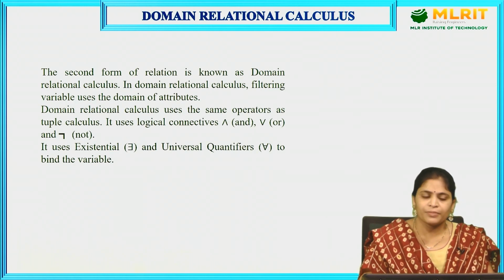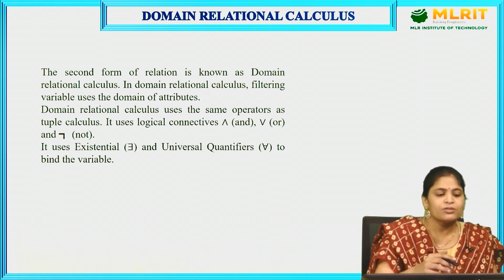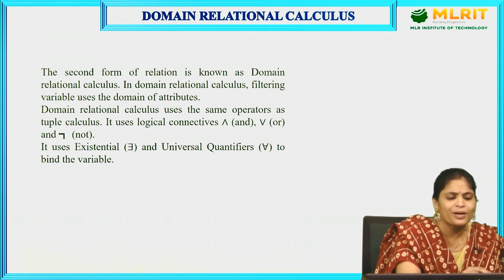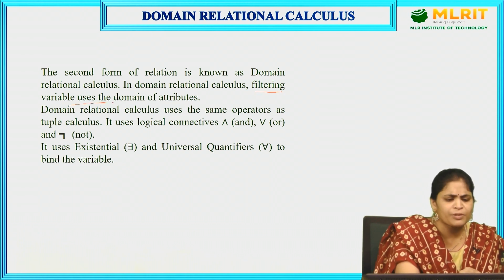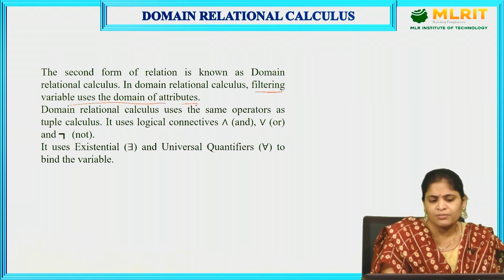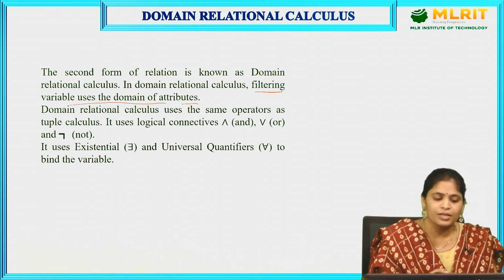So next, let us discuss DRC, domain relational calculus. The second form of relational calculus is known as domain relational calculus. In this, the filtering variable is used on the domain of attributes, just like the t I represented in tuple relational calculus. Here also we use that variable.